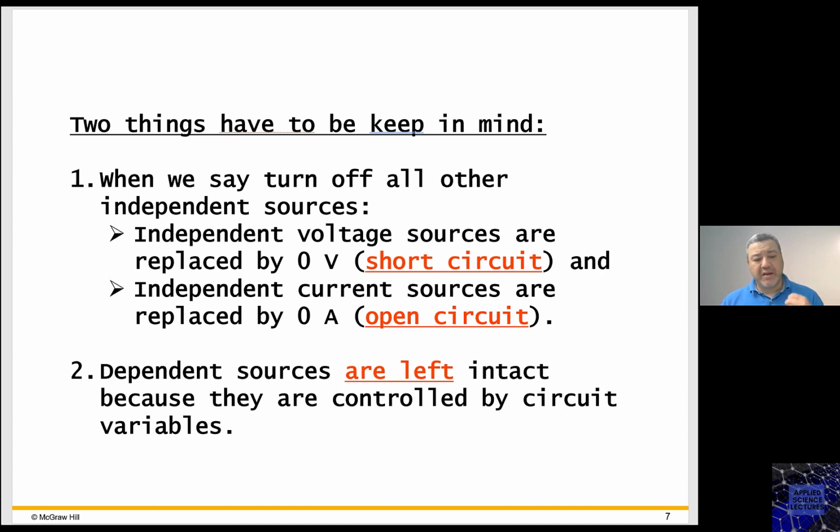So when I say a switched off voltage source, this means 0 volt. When I say a switched off current source, this means 0 ampere. But the definition of 0 volt is a short circuit. And the definition of a 0 ampere, a zero current, is an open circuit. And we've seen that before.